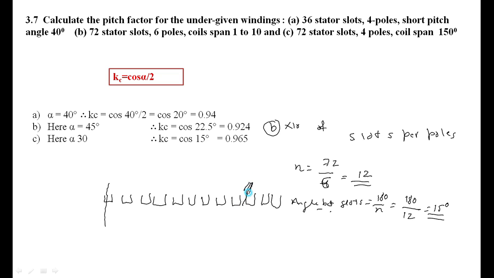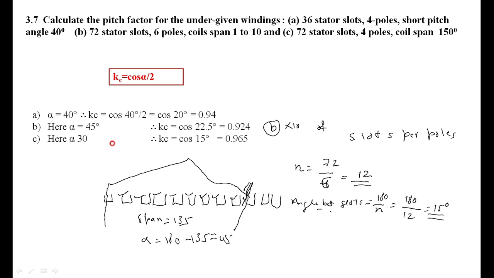If you connect these two, the angle here is 15, 30, 45, 60, 75, 90, 105, 120 and 135. The span we are getting is 135. Therefore, alpha is equal to 180 minus 135, that is 45. This is how you have to calculate the angle here.